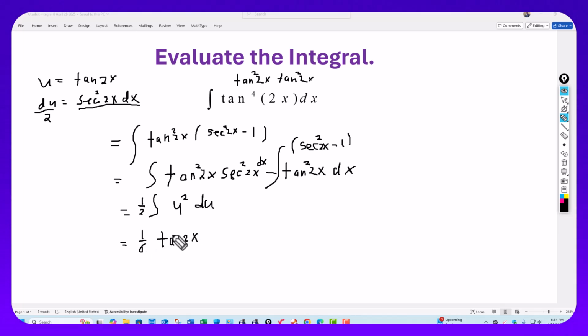I could put this in parentheses, or I could put the 3 right here between the tan and the 2. But there you have it.